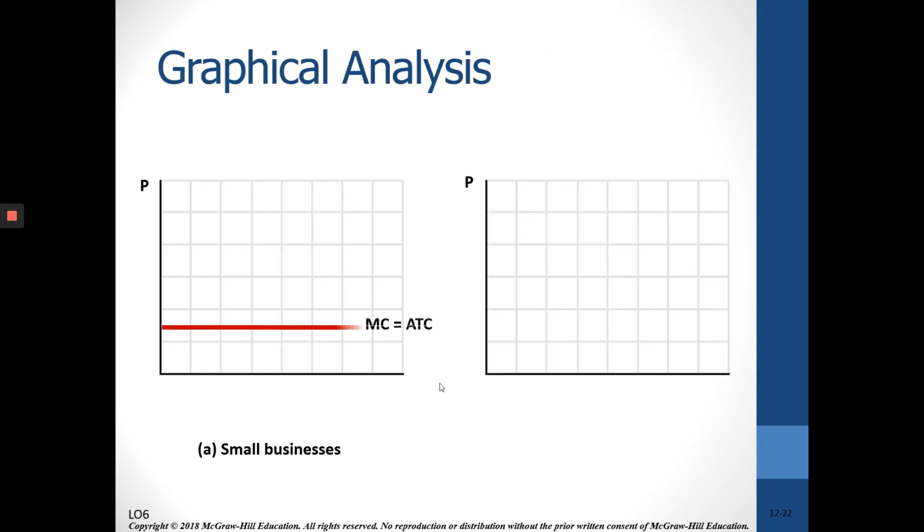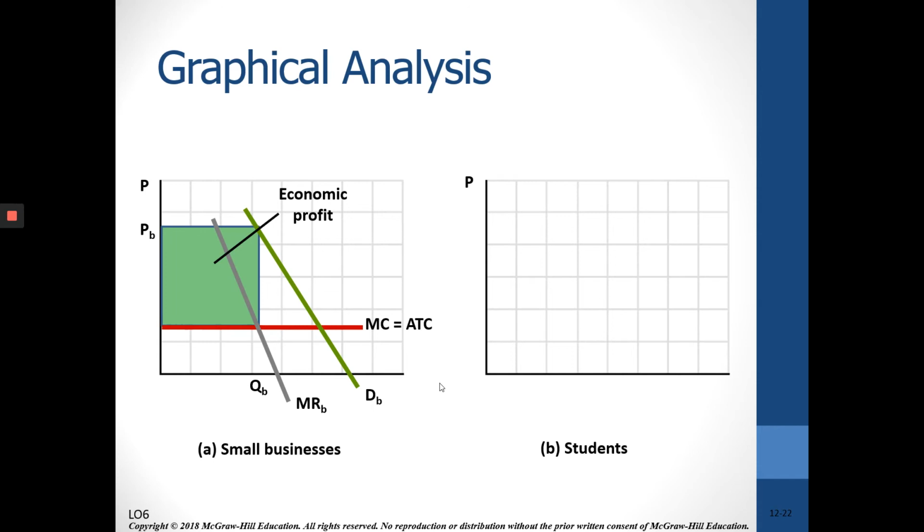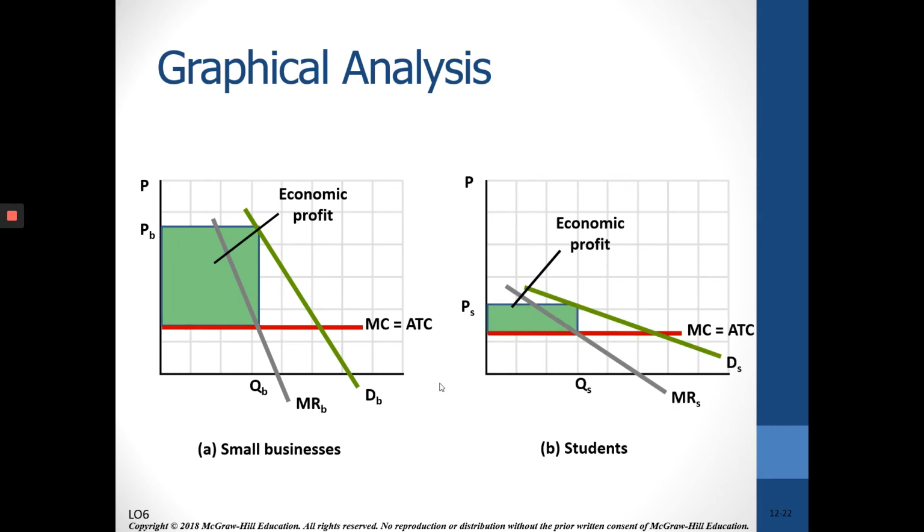So let's look at a graphic example of this. Let's say that this is Microsoft Office, and small businesses need it as well as students. And the small business has a more inelastic demand curve. They have to have those tools. They need Excel, they need Word, and maybe PowerPoint, etc. So they're willing to pay a higher price.